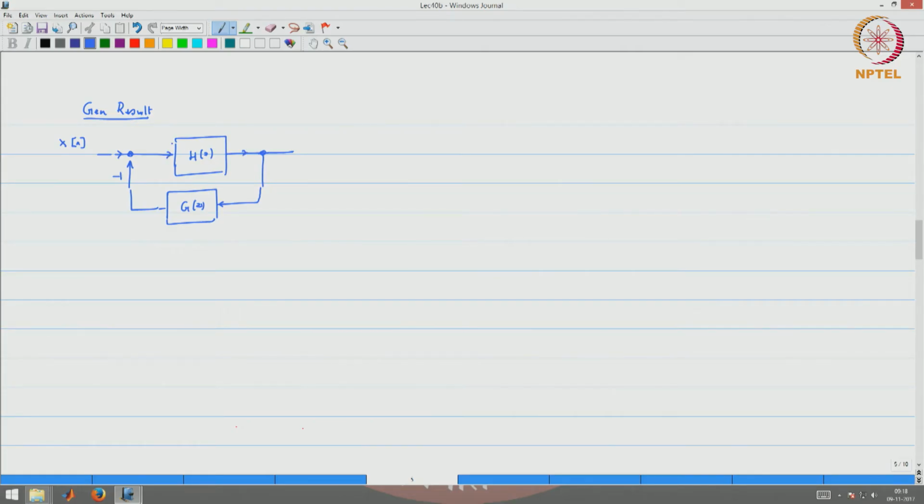There is a feed forward transfer function, a feedback transfer function, and the output is y[n]. Okay. So, the overall transfer function Y(z) divided by X(z) is given by H(z) divided by 1 plus G(z)H(z). But for this minus sign, if the minus sign was not there, you will get 1 minus G(z)H(z). Okay. So, this is the general form.